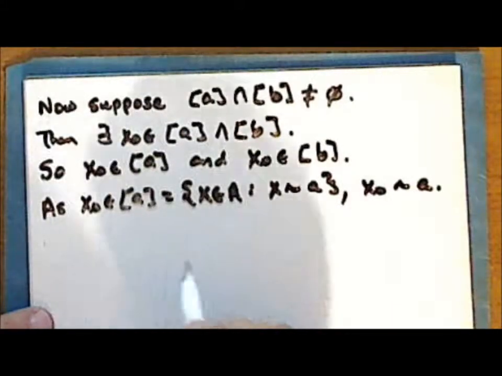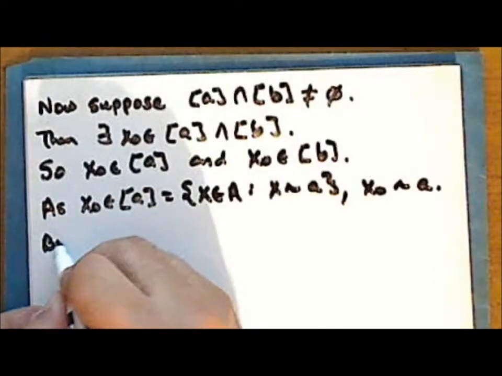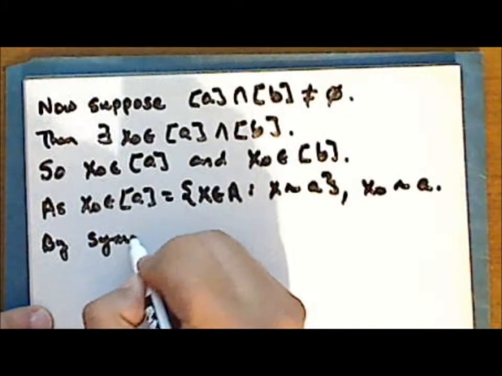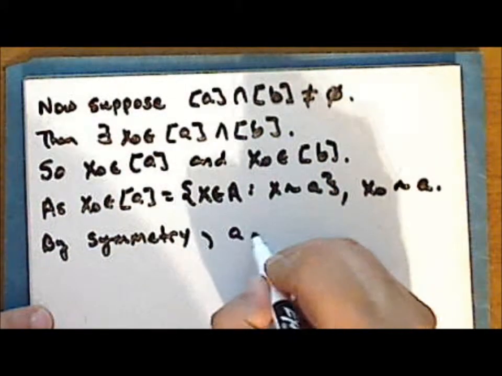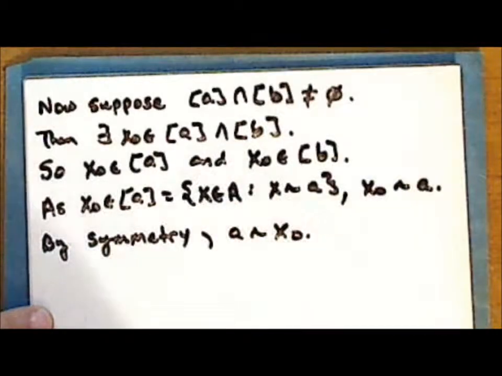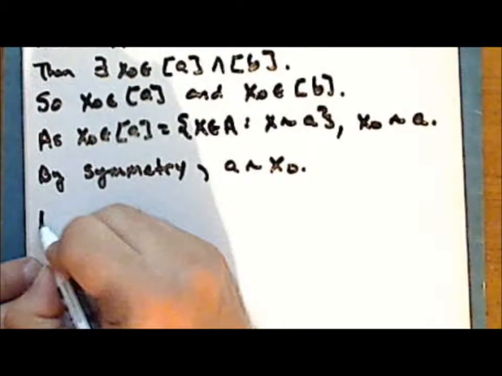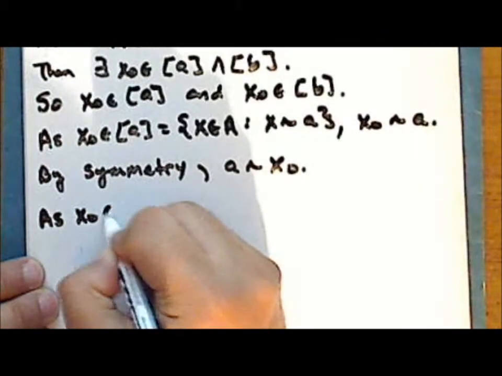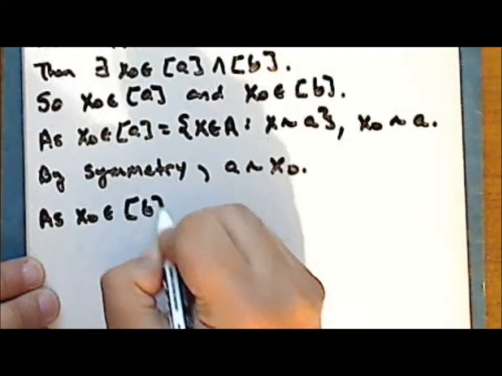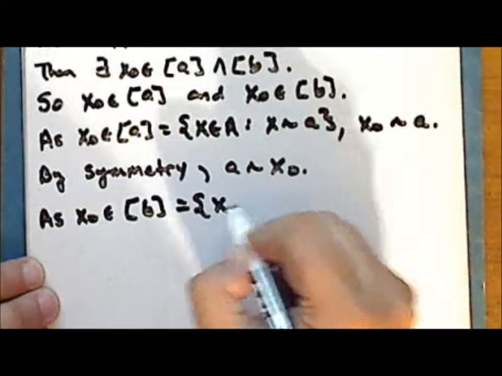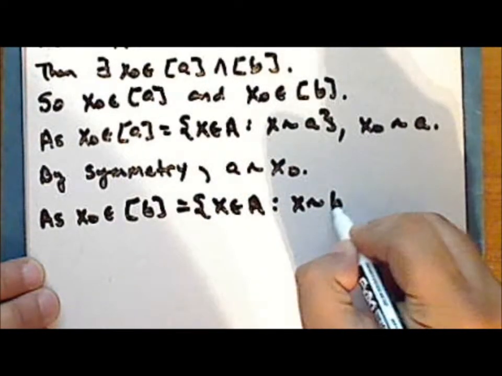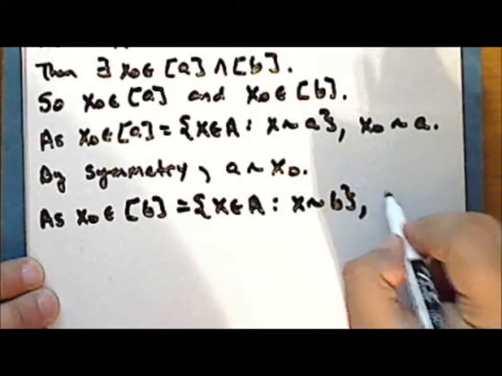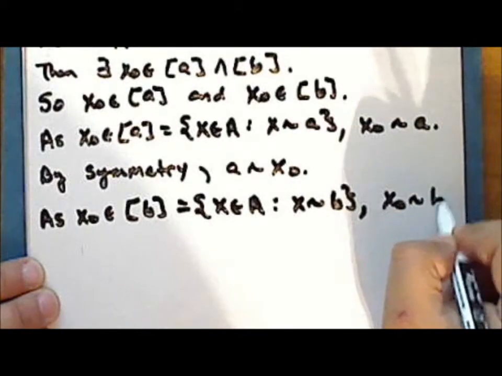By the symmetric property, we have that a is related to x naught. As x naught is in the equivalence class containing b, which is the set of all elements x in A such that x is related to b, we have that x naught is related to b.